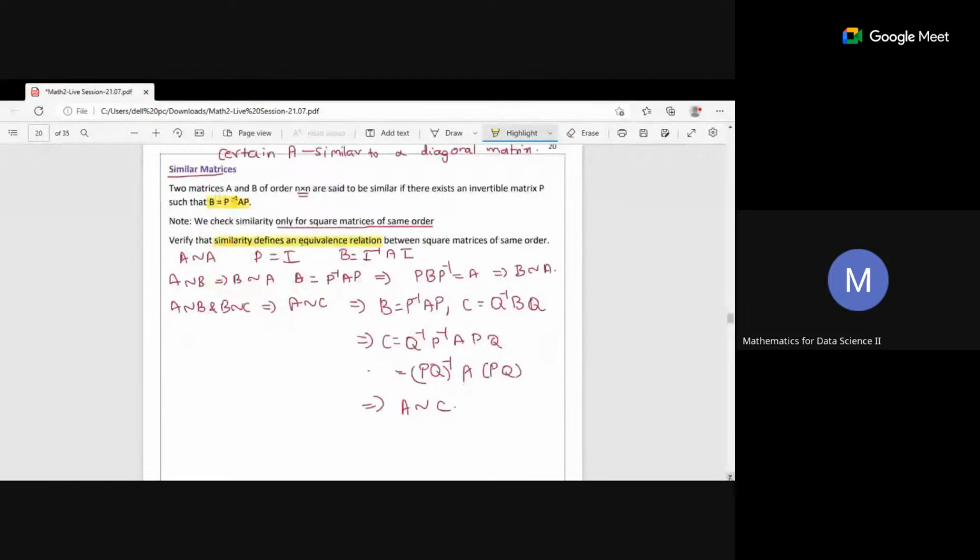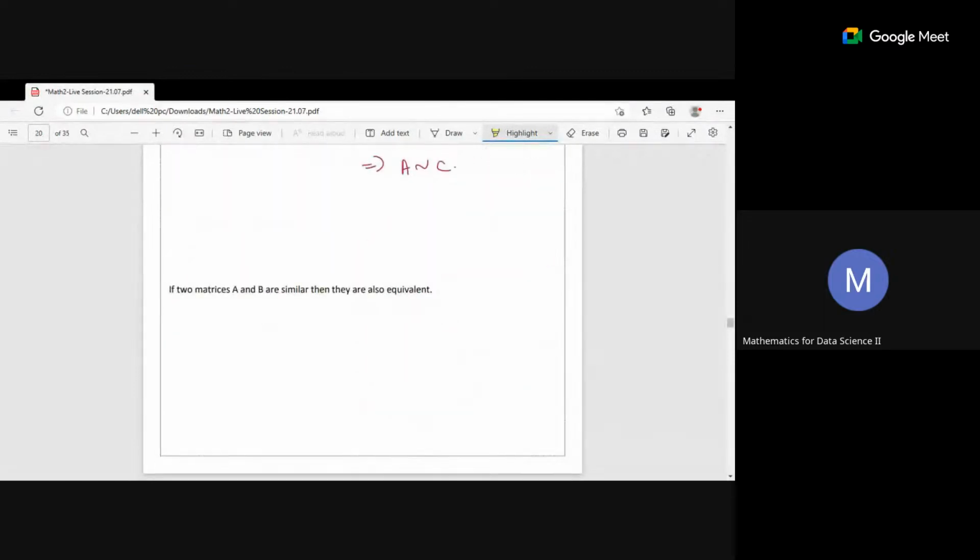Okay, fine. If two matrices A and B are similar, then they are also equivalent. It is obvious, right? If two matrices are similar, you take B is equal to P inverse AP. You simply call this P inverse as Q. Then you see that A and B are equivalent, right?